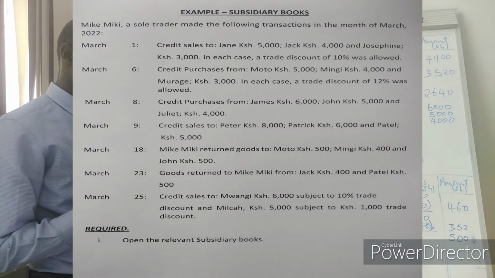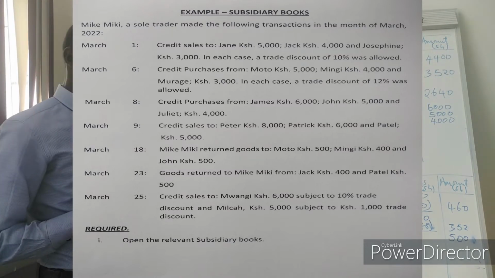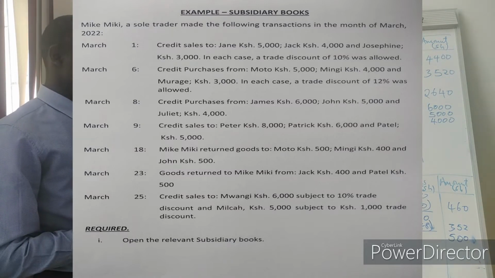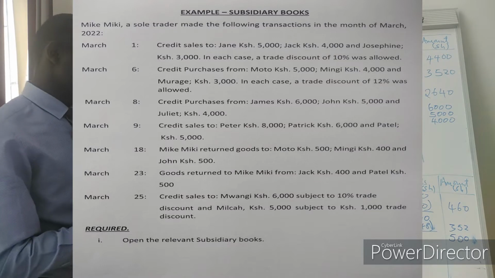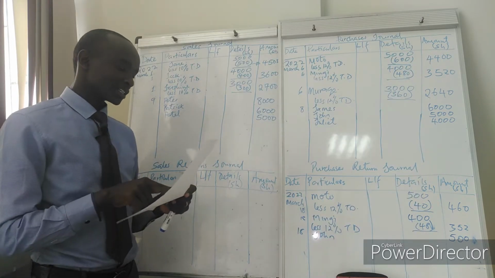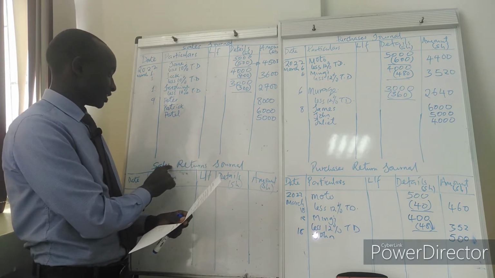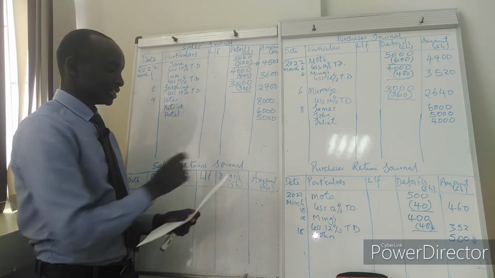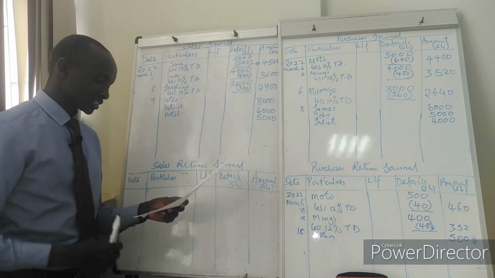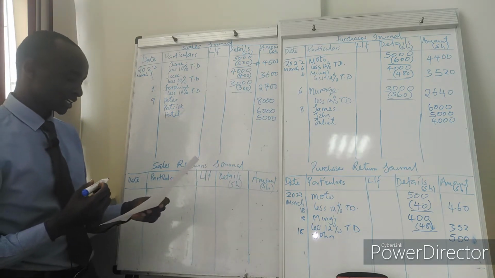So Mike Mickey is returning goods of 500 to Jack and Patel. But these goods that are returned into the business are known as sales returns, and they are recorded in the sales returns journal.